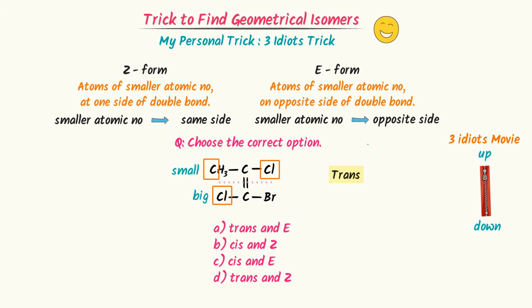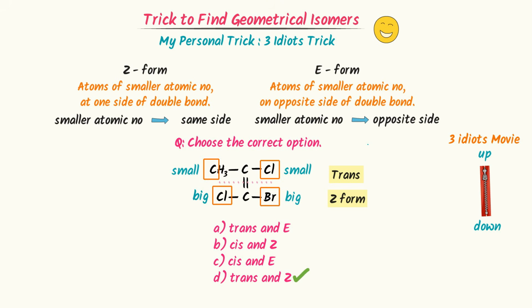Secondly, the atomic number of chlorine is 17 and that of bromine is 35. So, chlorine has a smaller atomic number than bromine. We can see that atoms of smaller atomic numbers are present on one side of the double bond. So it is the Z form. Thus the correct option is C.